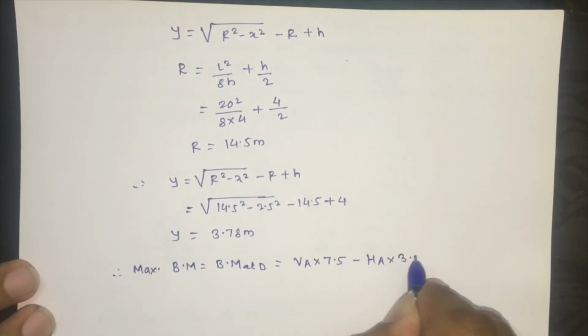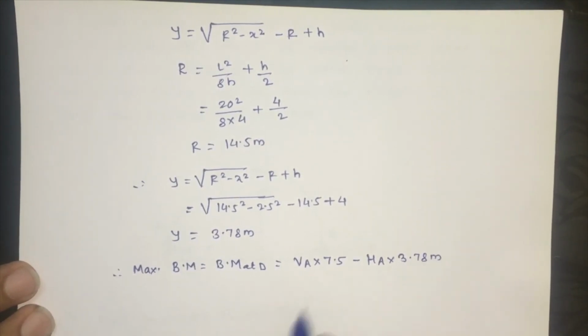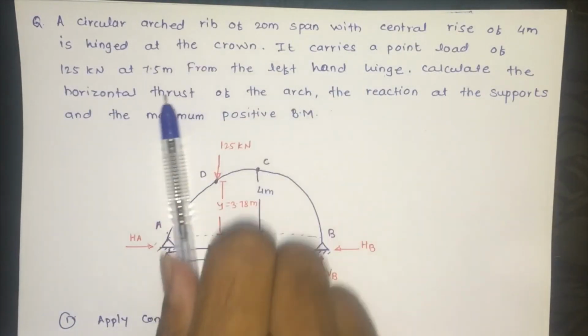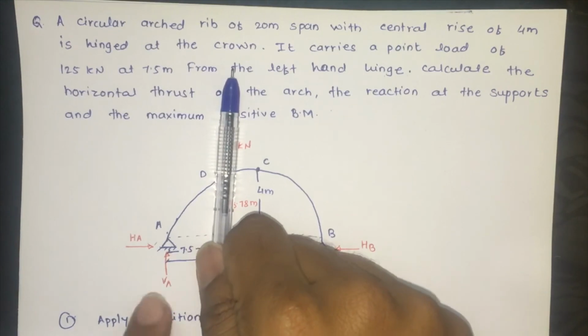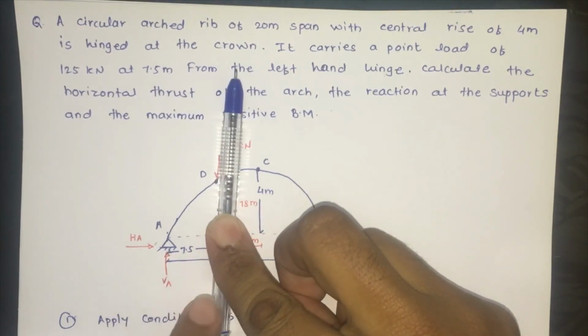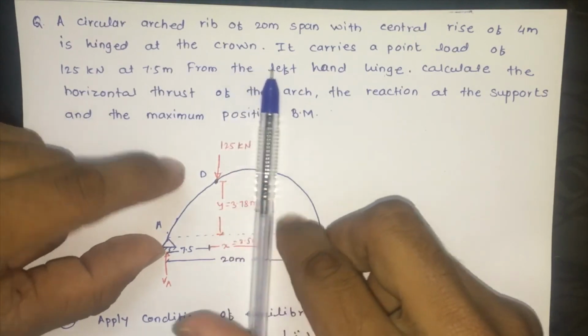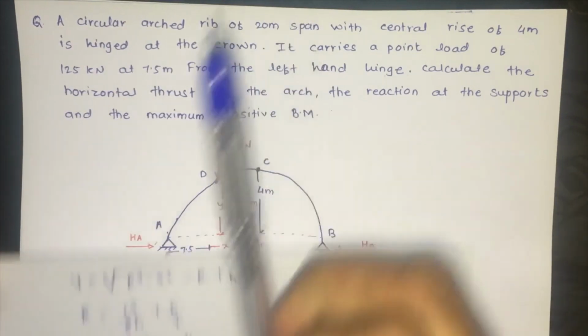We are taking the moment at point D: VA into 7.5 and HA into this distance. This distance is Y, 3.78.